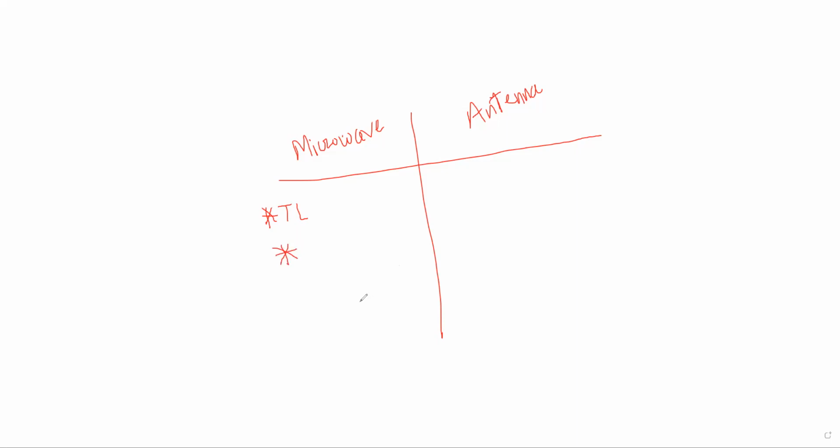After the transmission line, we'll discuss the waveguide. Okay, after completing the transmission line, we will go to the waveguide.